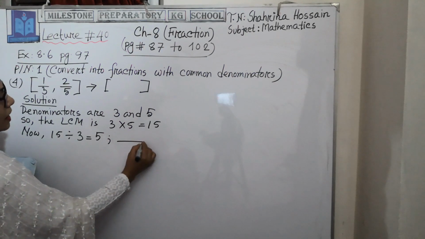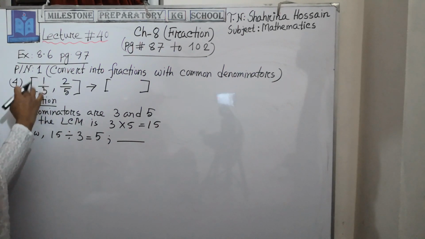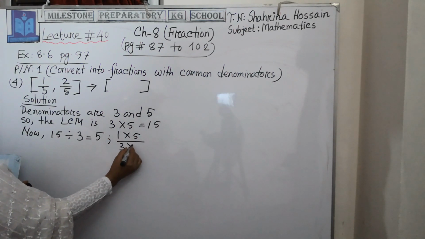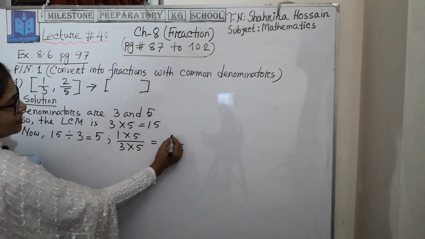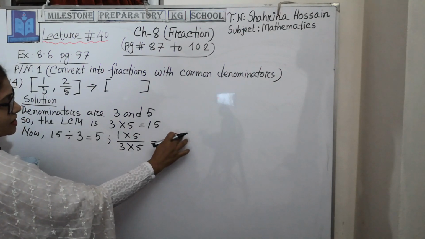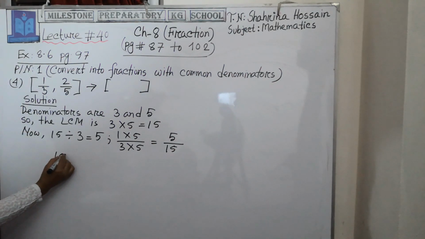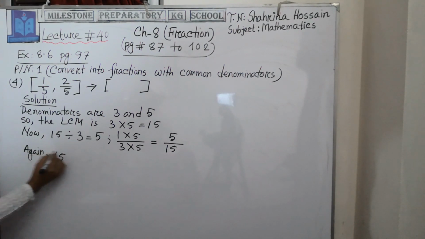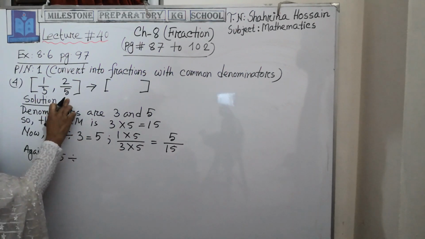Now I will multiply the answer with the whole fraction. 1 into 5, then 3 into 5. So I will get the fraction: numerator is 5 and denominator is 15. Now again 15 divided by this denominator, and this is what? 5.